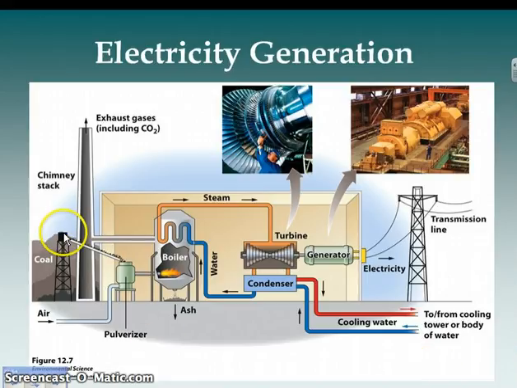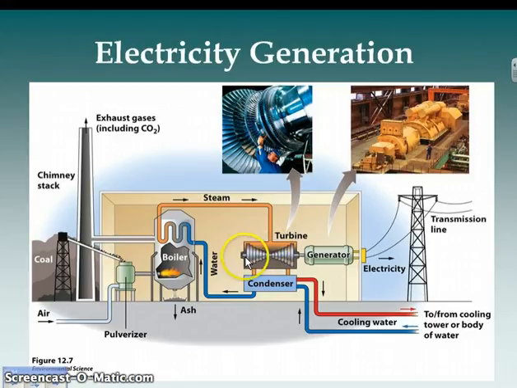Again, we've got our fossil fuel coming in, and our boiler here. This is where the fossil fuel is going to be burned, and a byproduct, of course, is our ash down here. This burning process makes steam, and that steam is funneled through under high pressure to the turbine, where the steam is going to spin those blades.